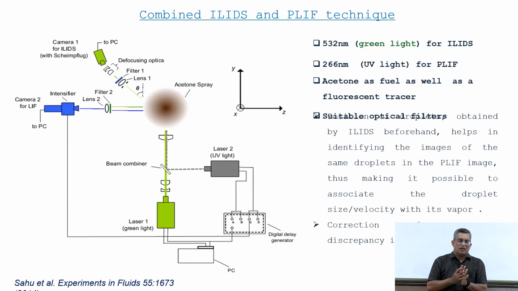And this mixture or the composition is very important as far as combustion process is concerned, starting from ignition to the flame propagation, to energy release, to pollutant formation. All this depends on how well the air and the fuel vapor are mixed.